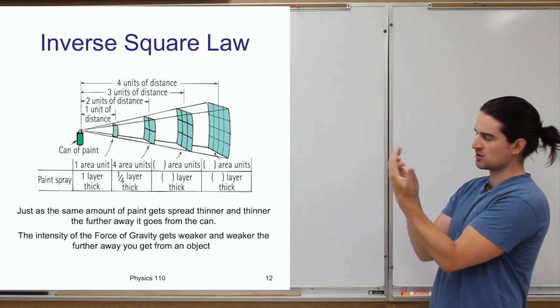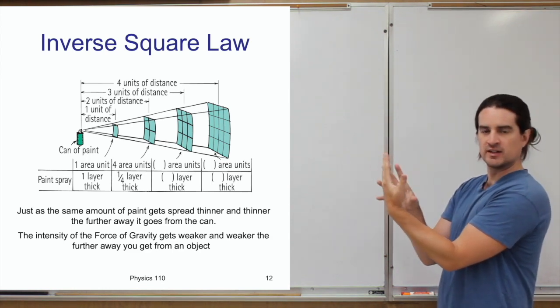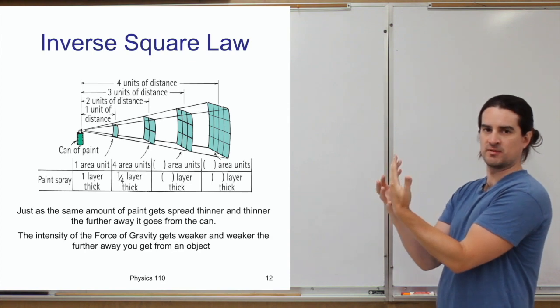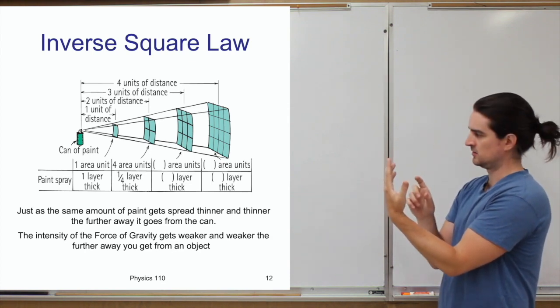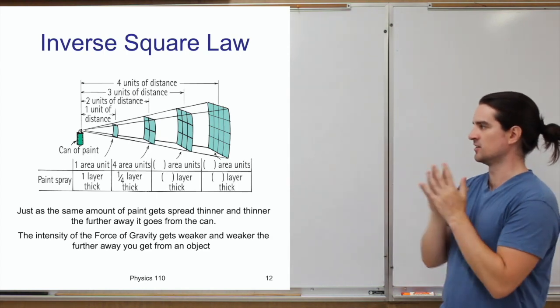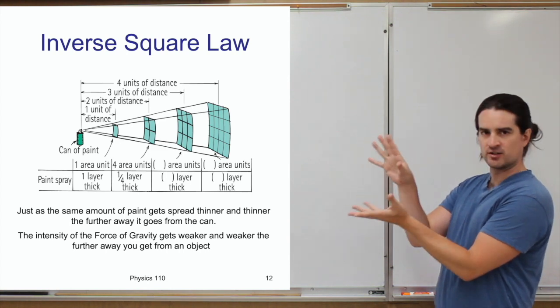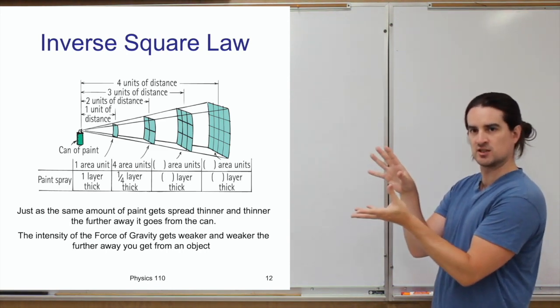So the thickness of that spray paint covering these surfaces is falling off as the square of the distance away from the can of spray paint. You go even further, out to 4 times the distance, then it spreads out over 16 times the area, and so the layer of spray paint is 1/16 as thick.